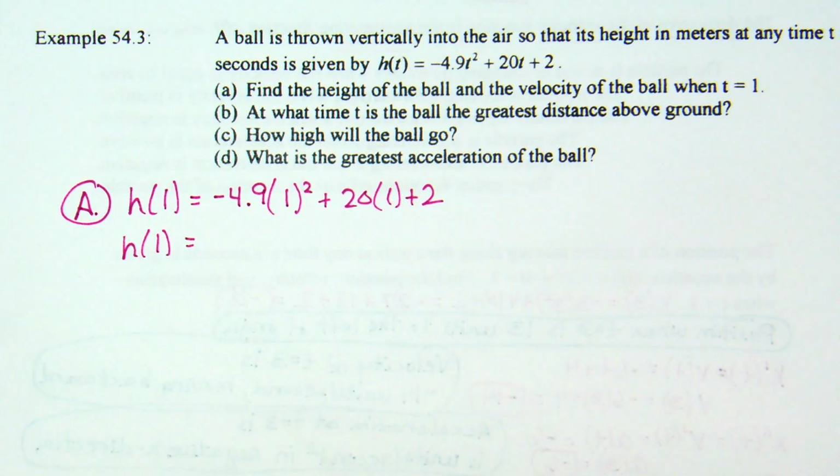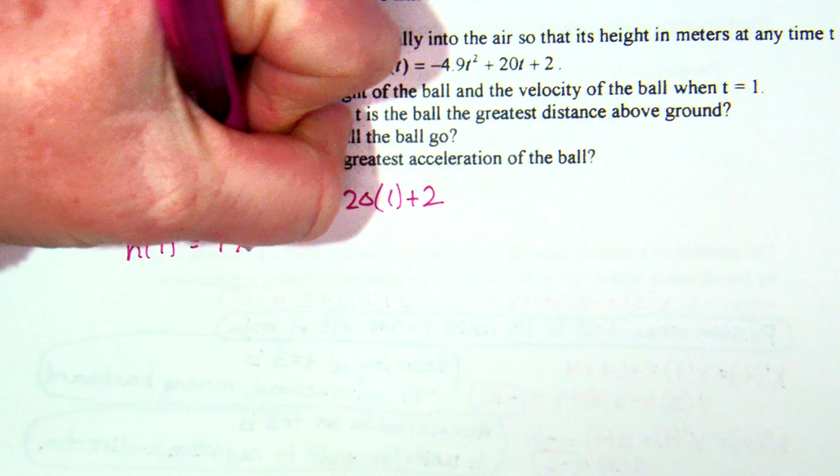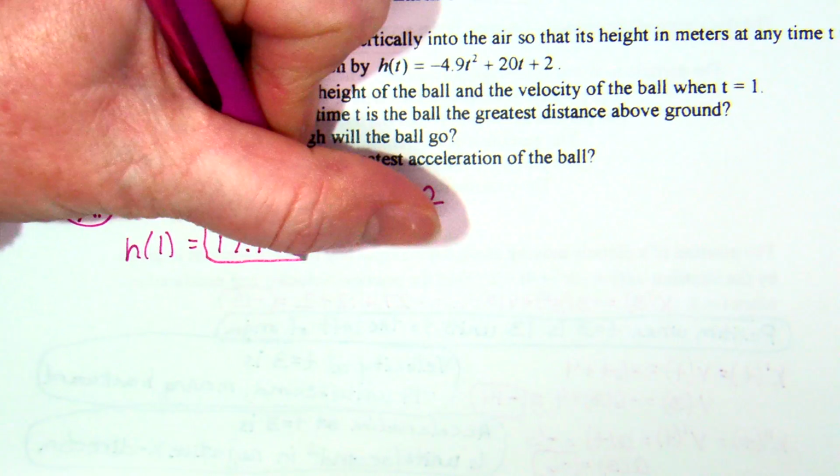Negative 4.9 plus 20 plus 2 is what? 17.1, and that would be 17.1 meters. So this is the height.